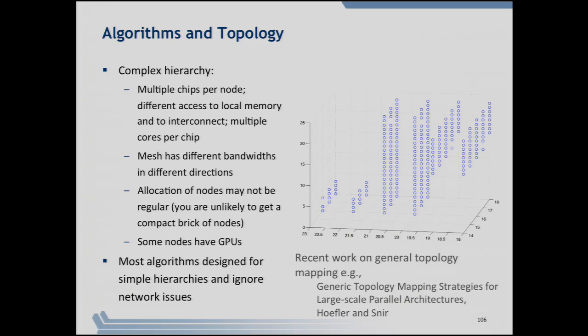So I wanted to give you a little more data on where we stand with dealing with the topologies and the impact of the topologies, and some of the consequences of having multiple cores and multiple chips per node. So the systems have gotten to be quite complex.